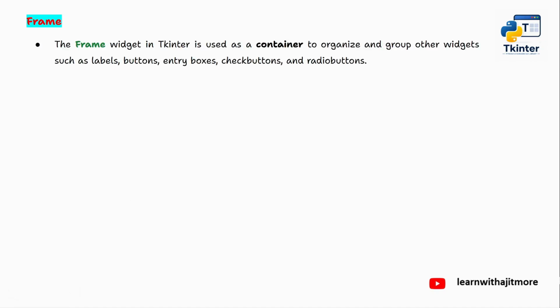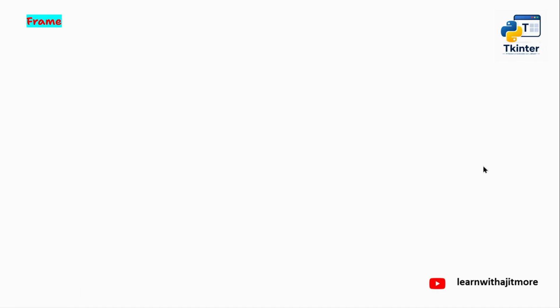Now, how to create these frames and then how to add them all one by one we will learn. It is just like a main window only. As you have a main window, the main window is the object of Tk, isn't it? We create a main window as the object of the Tk class, and then we add our widgets in that main window.